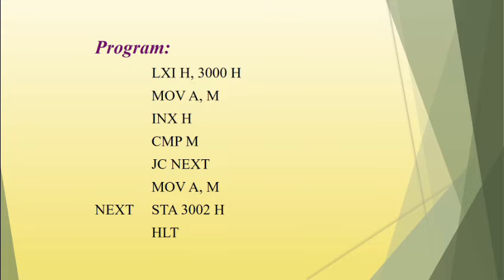Thereafter we have to move the contents of the memory location 3000H into A. For that the command is MOV A, M. Then we have to increment the pointer to the memory, that is INX H, that in turn will specify memory as 3001H. We have to compare the contents of the accumulator, which contains the first number, to the next memory location.